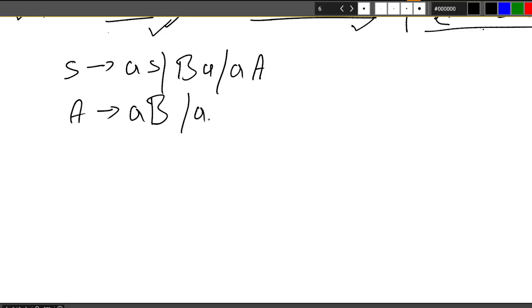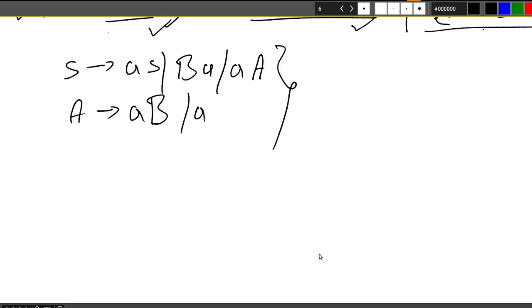Okay, I am writing this. Now you have to tell me, this is a grammar. What is the type of this grammar? Let me ask this question to Rishabh Kumar.